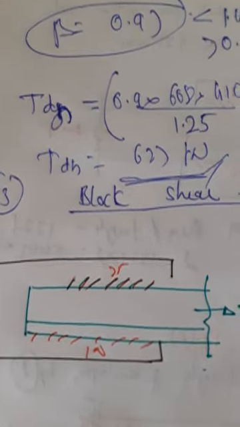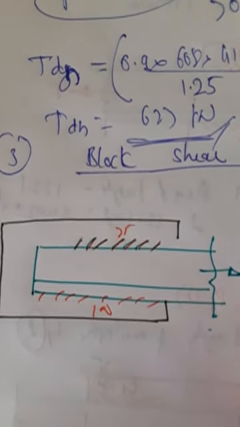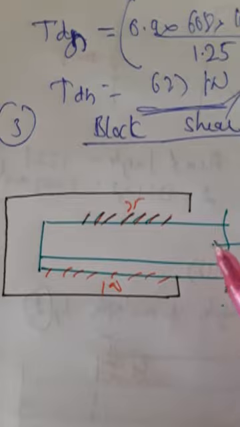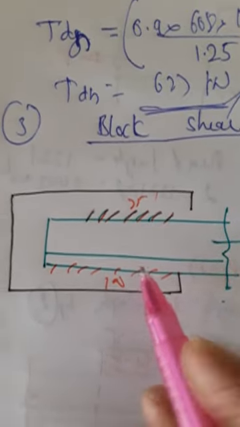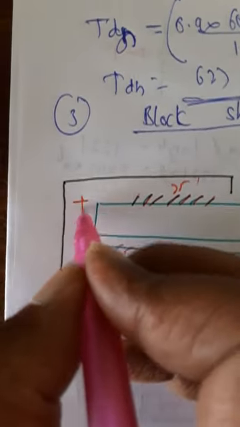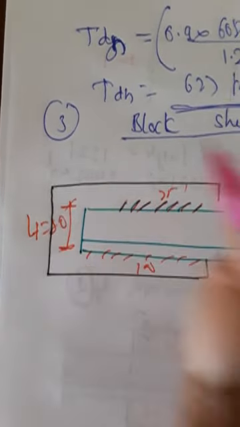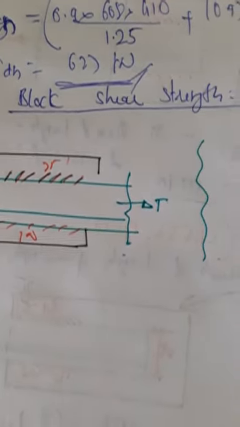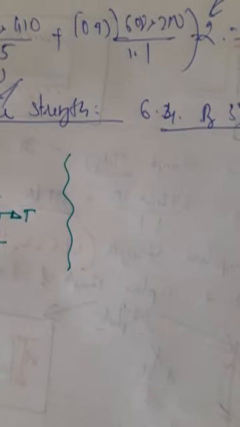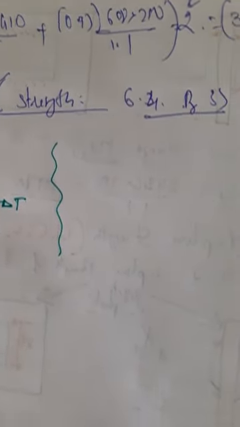For that, let us put a small diagram. Now to find block shear strength, I require LC and LT. LC is average of these two, already I found, and this value is LT. LT is equal to 80. Now before we start, directly write the equation so that you will understand what are the terms to be calculated.